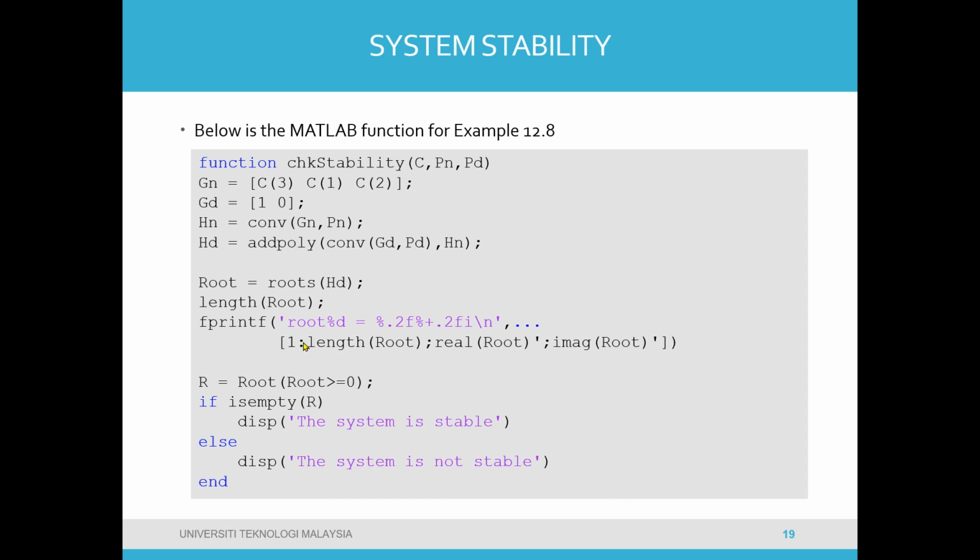This one goes from 1 until the length of the root. This is the real part of the root. Remember the root can be a complex number, so you have to use the real and imaginary parts. Basically it's just separating the real number and the imaginary number.